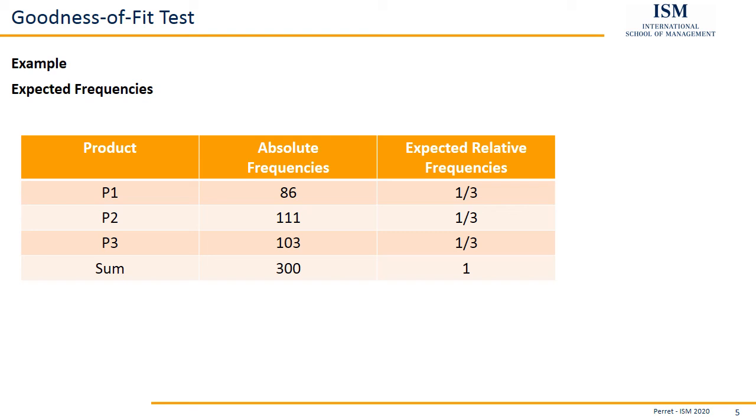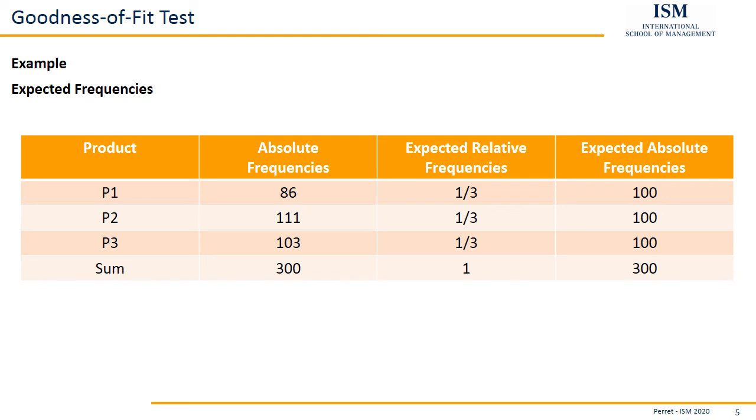So the 1/3 per product translates into expected absolute frequencies of 300 times 1/3 for each of the products, so 100 each. So in the end, the sum of the actual absolute frequencies and the sum of the expected absolute frequencies should be the same. Could be small changes due to rounding errors, but it should basically be the same if you work exactly.